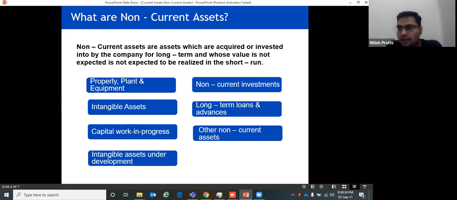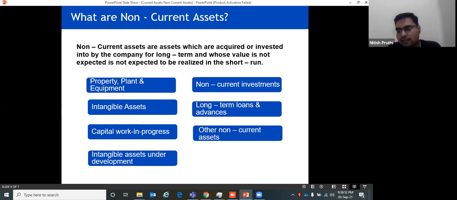Till the time that formula is completely derived, it is under development. So that's what we call intangible assets under development. I hope you are clear with the concept of all these various components of non-current assets.